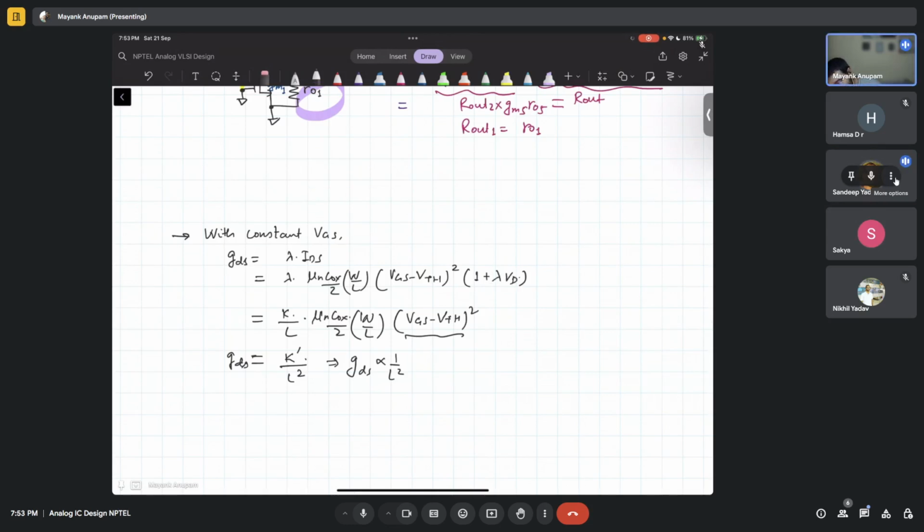Even when multiplied by VDS, it is very small compared to 1 and will not add much. The impact of lambda only comes directly in GDS. You can ignore lambda to the first order here.